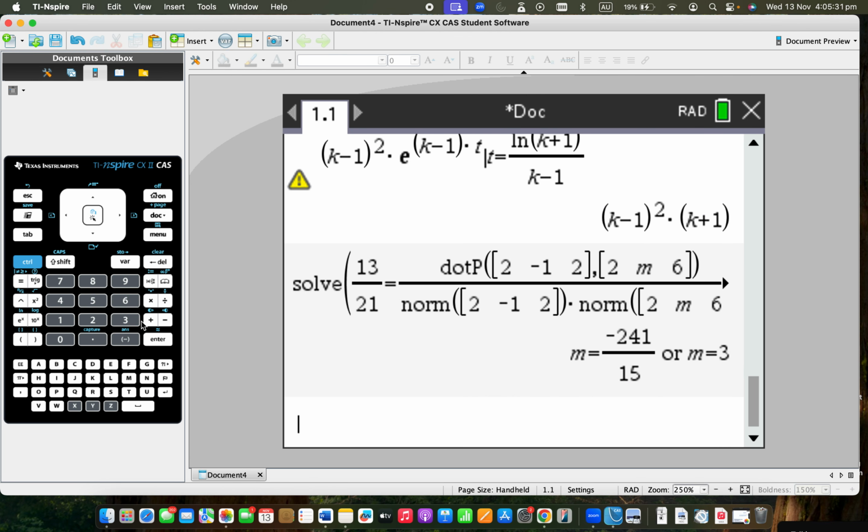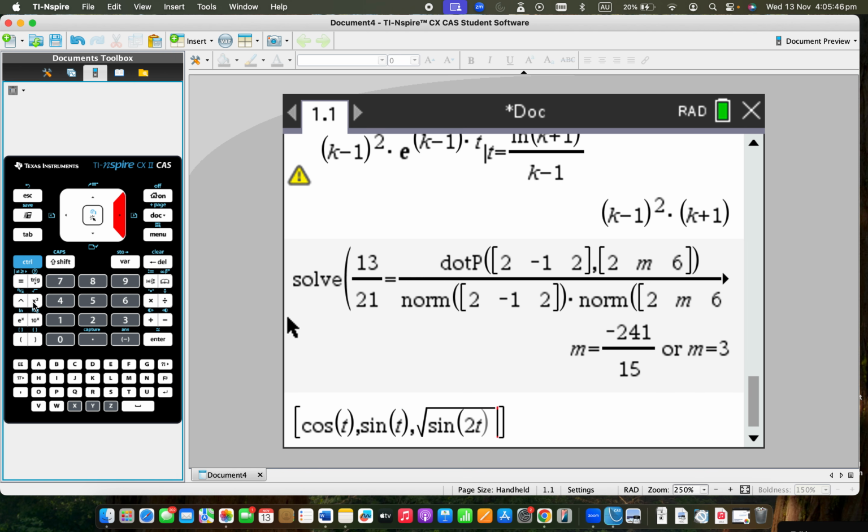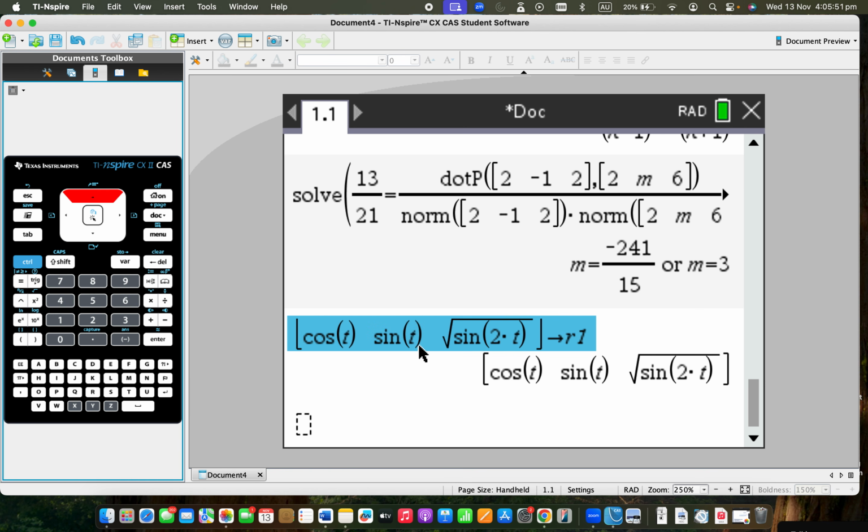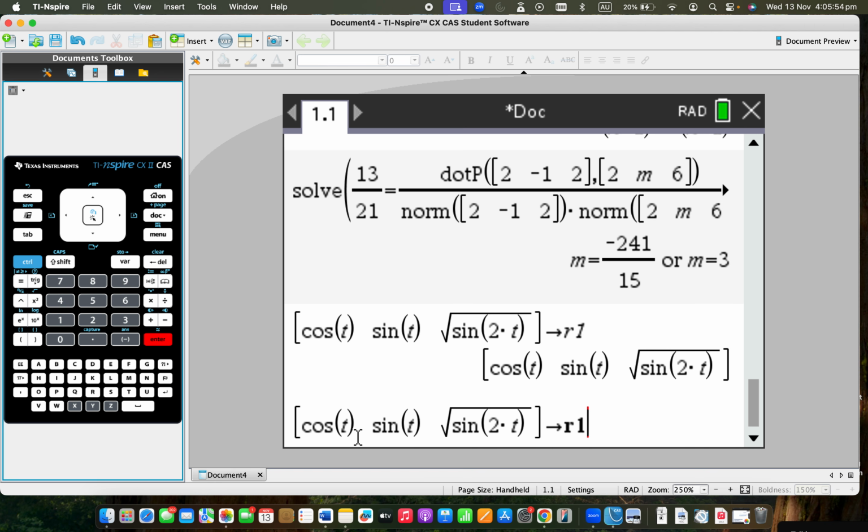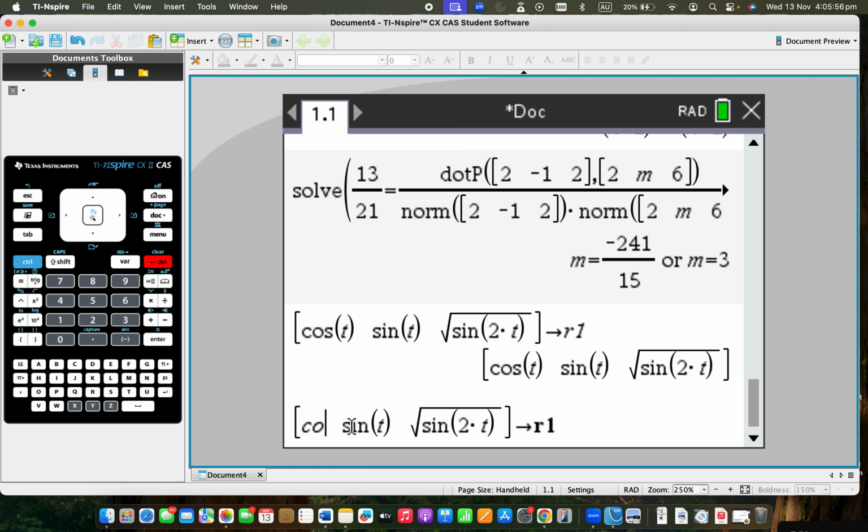So what we can do is we can just store cos t, comma, sine t, comma, square root sine 2t as R1, and then the next one is sine t, cos t, and then square root of sine 2t as R2.